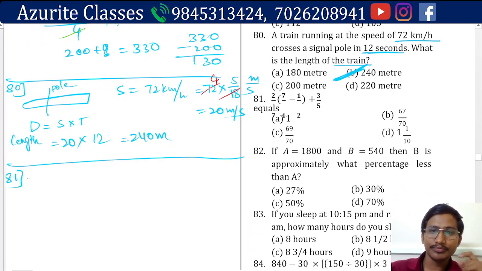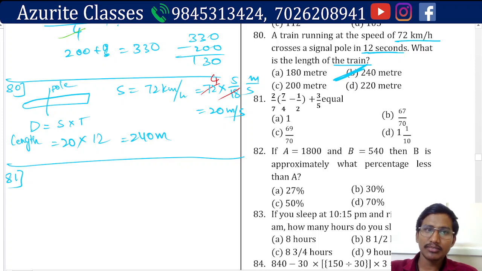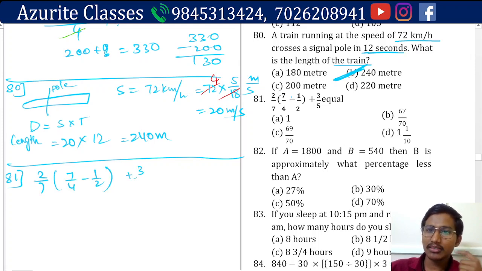The 81st question now. Here this is not visible. Okay, just a minute. So the question is 2 by 7 bracket 7 by 4 minus 1 by 2 plus 3 by 5.